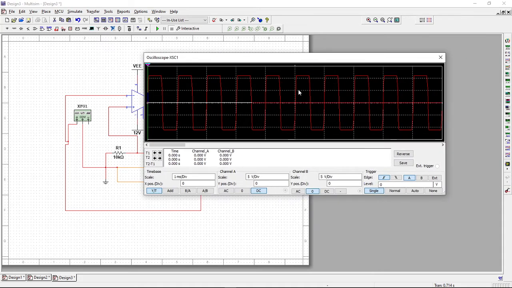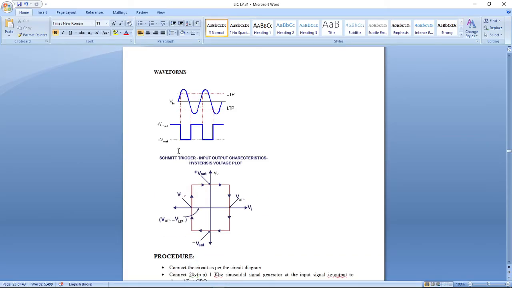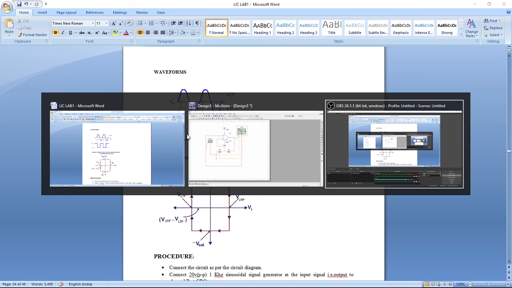Okay, let us first see plus VSAT and minus VSAT. Here we can see this is the plus VSAT. Plus VSAT means the highest peak of the output square wave, and the negative peak will give the minus VSAT.